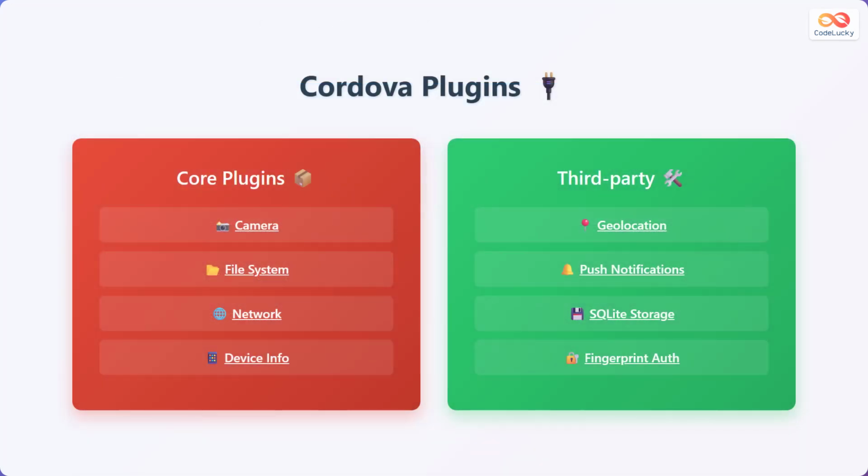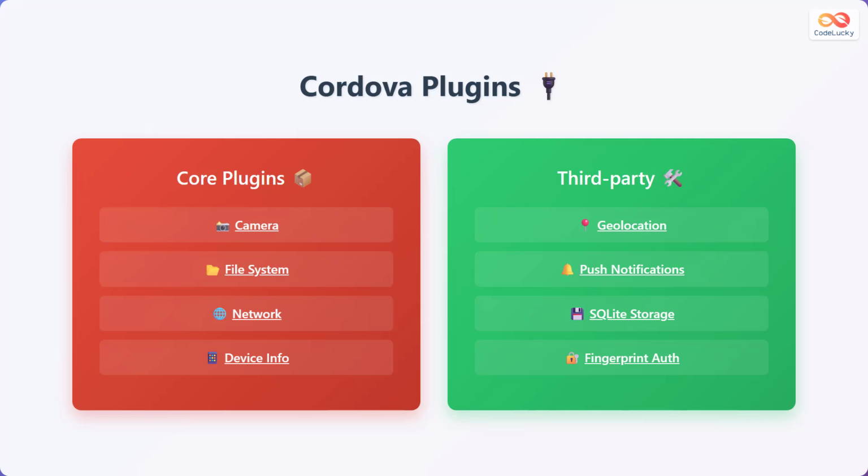Cordova plugins are the building blocks that extend your web application's capabilities by providing access to native device features. Core plugins are officially maintained by the Apache Cordova team and include essential functionalities like camera for capturing photos, file system for managing files and directories, network for checking connectivity status, and device info for accessing device specifications.